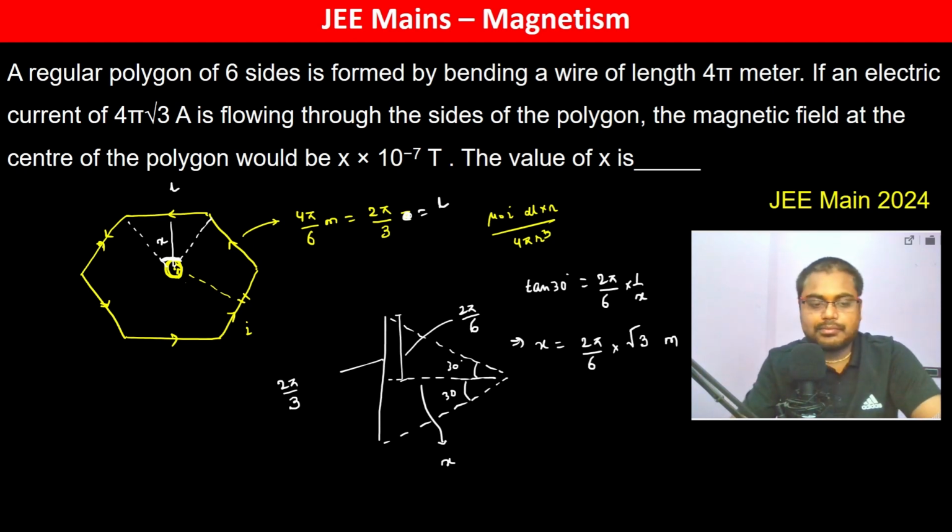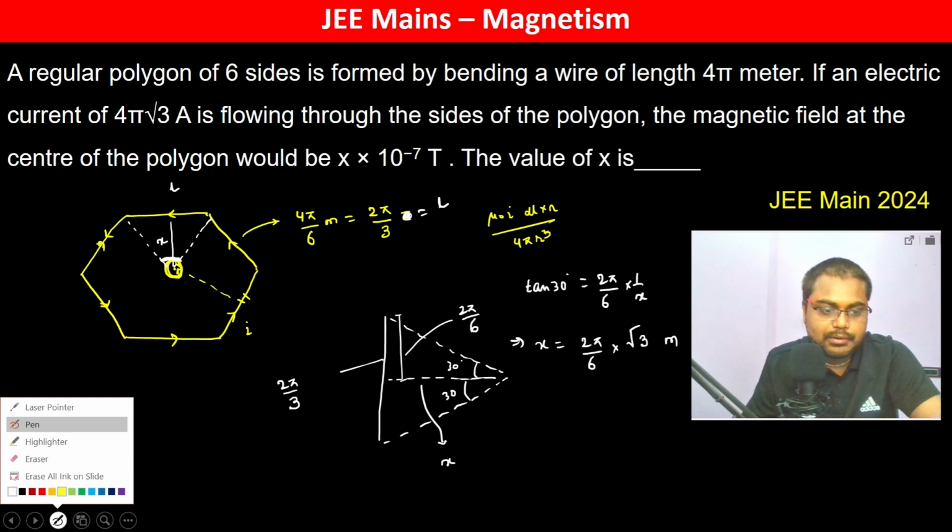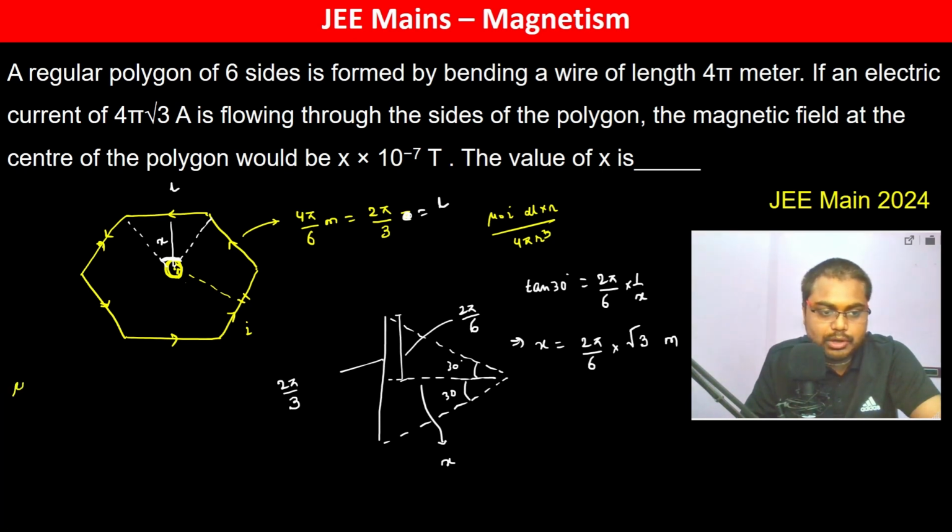So therefore the magnetic field is going to be mu naught I. What is I? I is 4 pi root 3 ampere. So 4 pi root 3 mu naught I by 4 pi into d. D is like this distance.